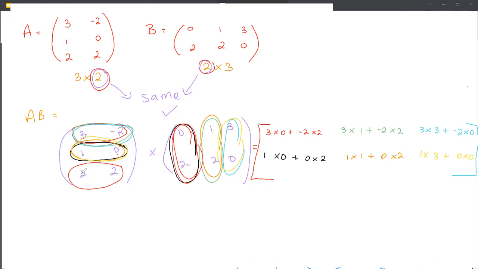So last row, this one, first times the first plus second times the second. And this one by your second row, first times the first plus the second times the second. And then last one, last row by your last column. First times the first plus your second times the second.